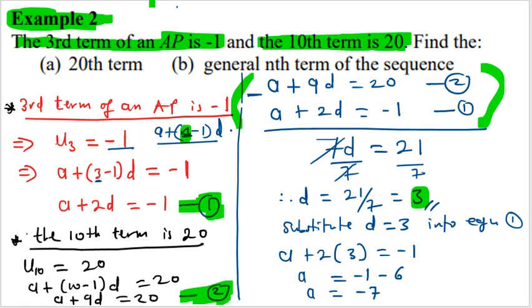Now we can substitute this common difference into either equation 1 or 2. I substituted it into equation 1. And by simplifying, my first term a is negative 7. So that is the solution to this question.